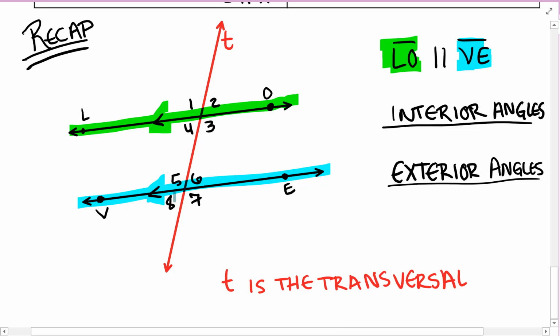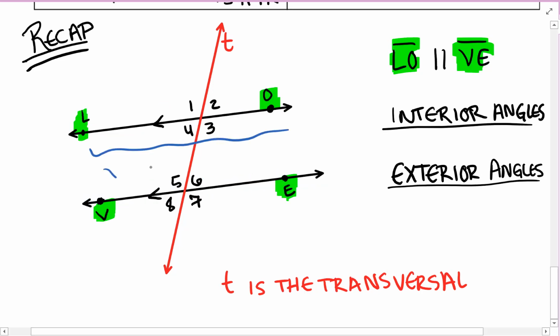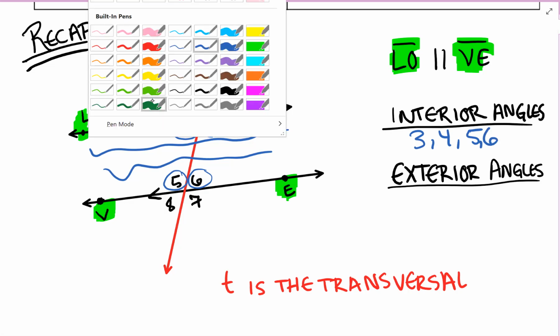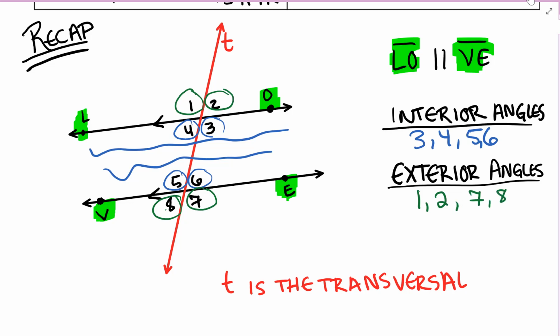The interior angles are given by the ones inside those lines in the water, so 3, 4, 5, and 6. And our outer exterior angles would be 1, 2, 8, and 7. And T is the transversal.